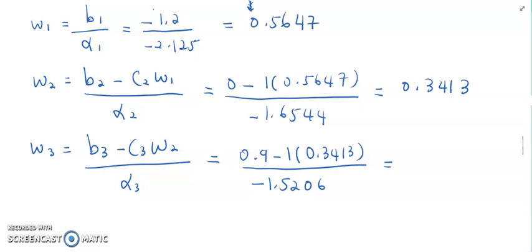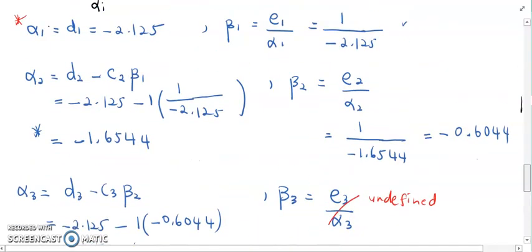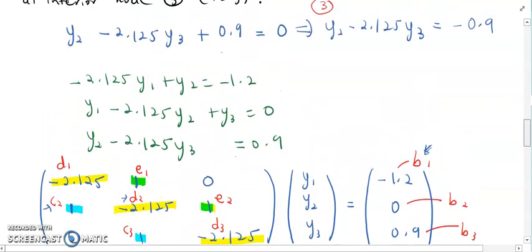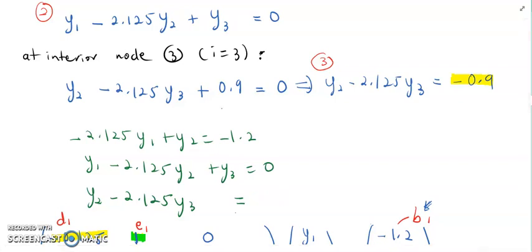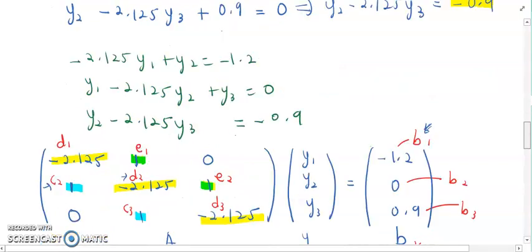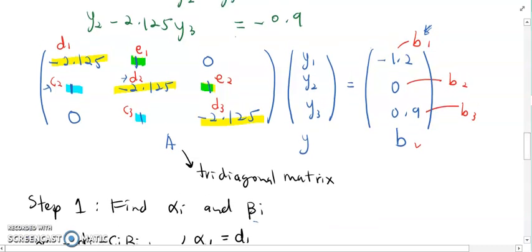Oops, sorry guys. I just realized I made a mistake for the B3 value. If you look at my equation here, B3 is supposed to be negative 0.9. I forgot the negative sign in front of 0.9. Inside matrix B also, I must put the negative sign here.